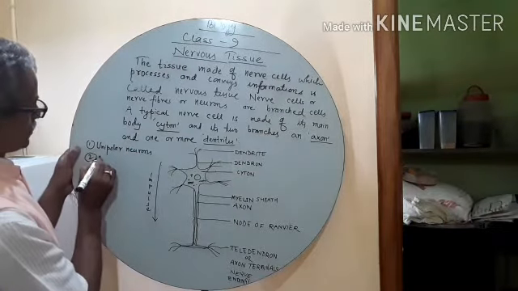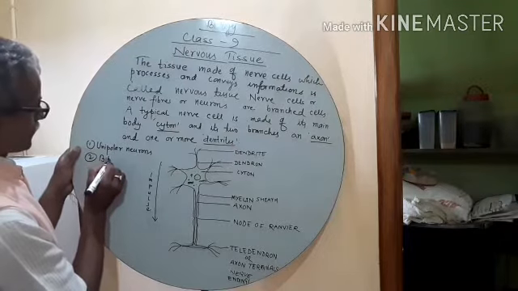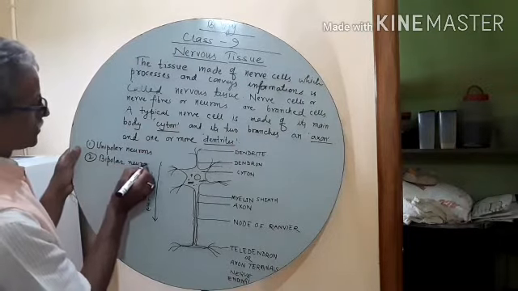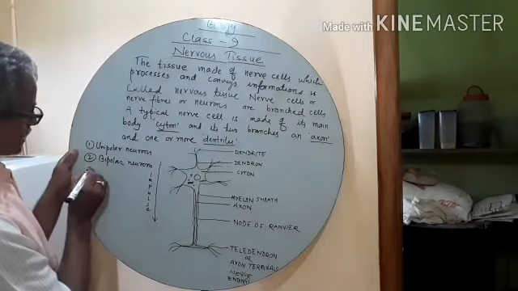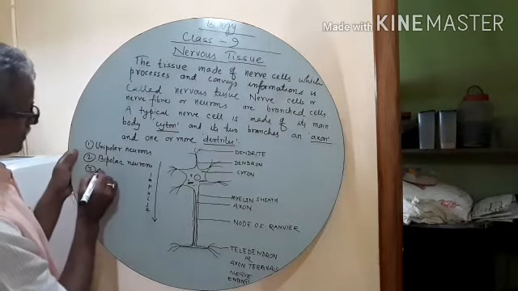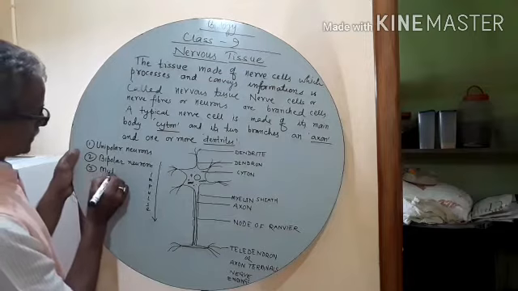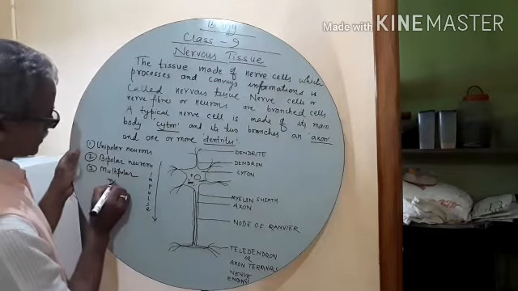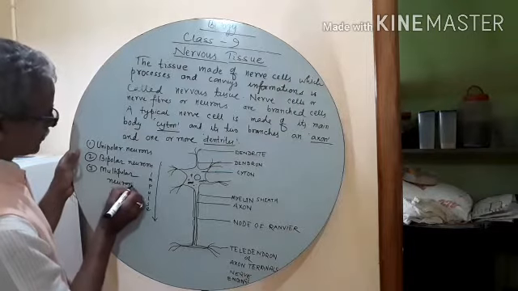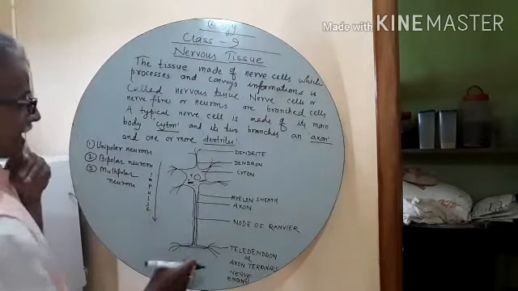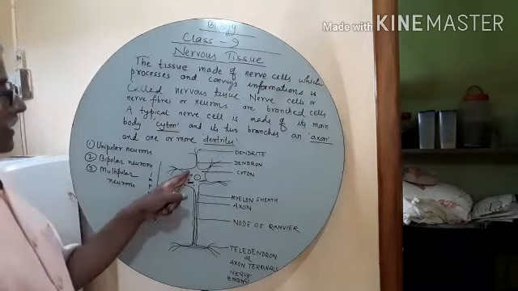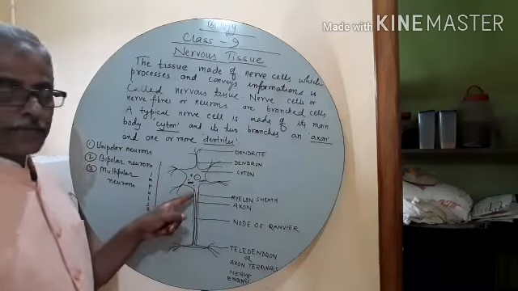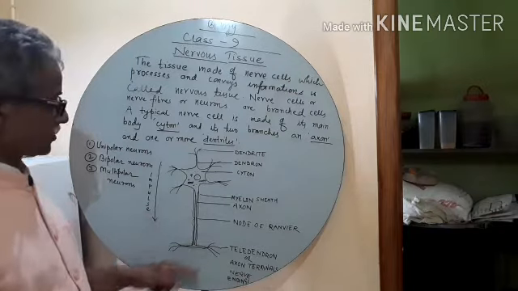The second is called bipolar neuron, and the third one is called multipolar neuron. Here is the diagram of a multipolar neuron.